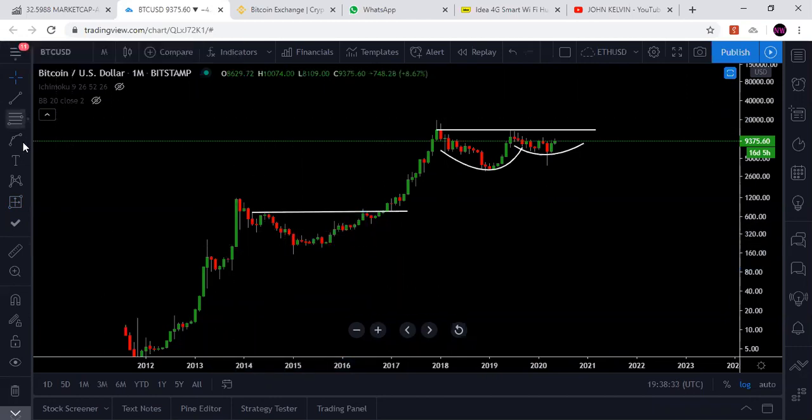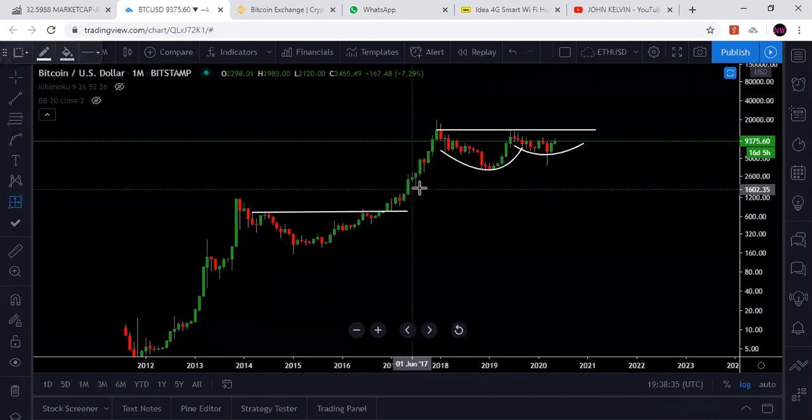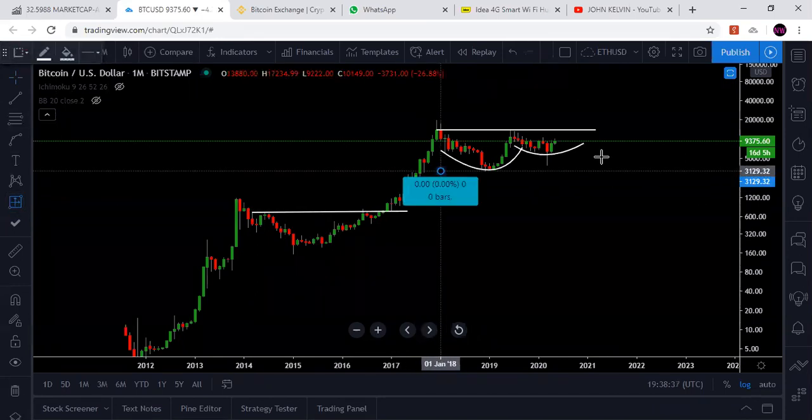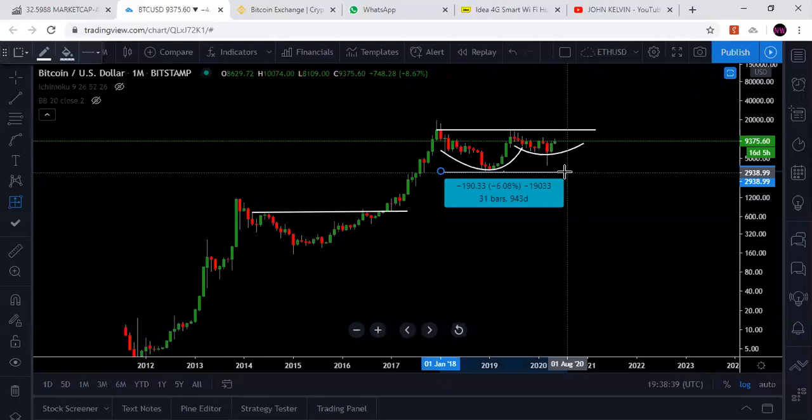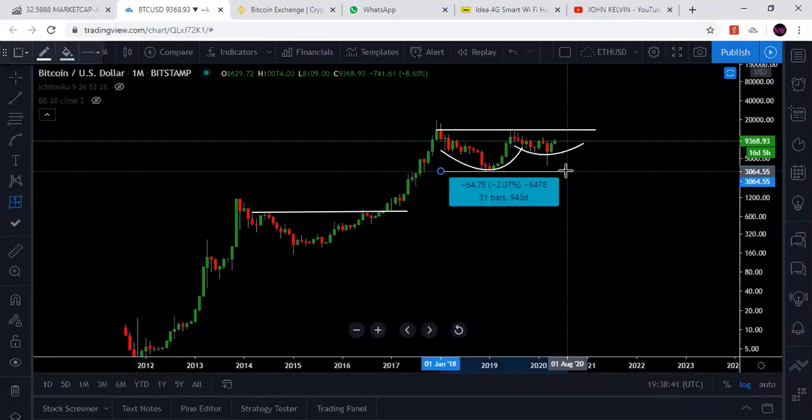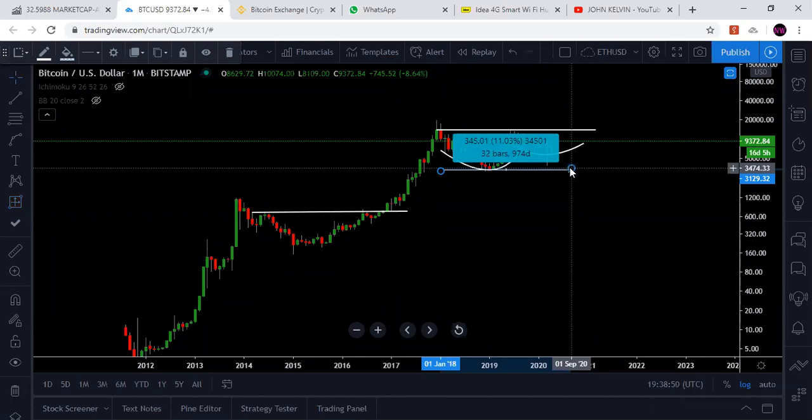I'm not saying we're going to break out immediately. If we're looking at a retest of that level, this is 970. I'm not going to calculate that, but you should not be too quick. It's a long-term stock, so you should not expect it to move fast to 100k or 40k. You just have to take your time, because once this moves, it's a little difficult for you to get back that buy level.